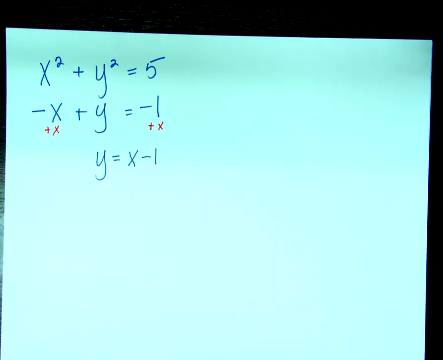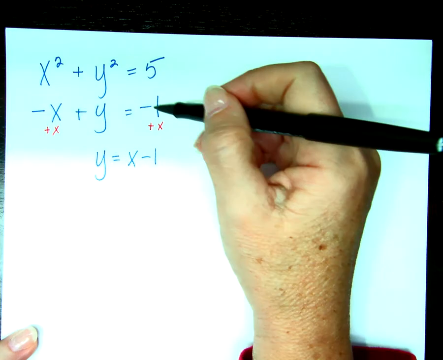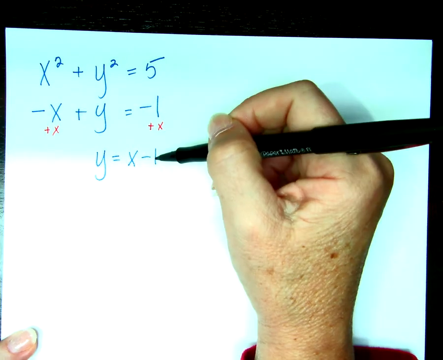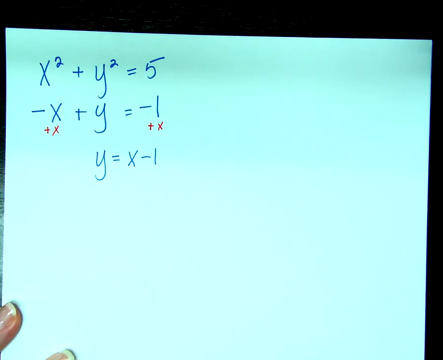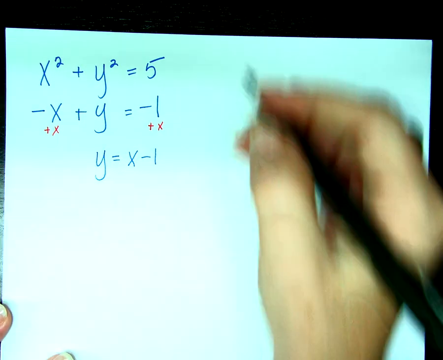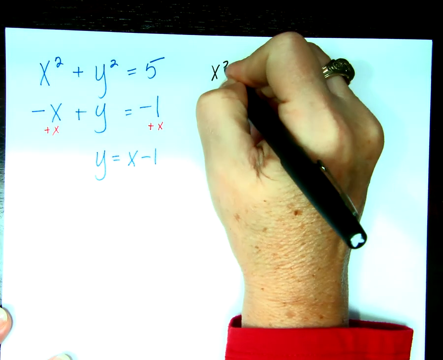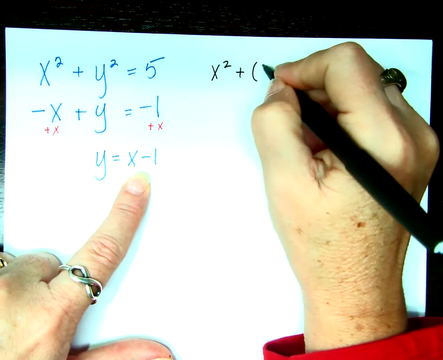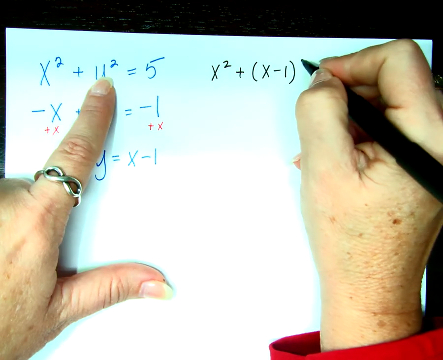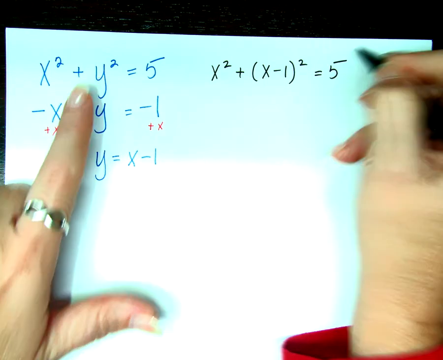What do I do with the y equals x minus 1? I use the second equation to solve for y, so I need to take this and substitute it into the first equation, right? X squared plus what I know for y, which is x minus 1 squared equals 5.